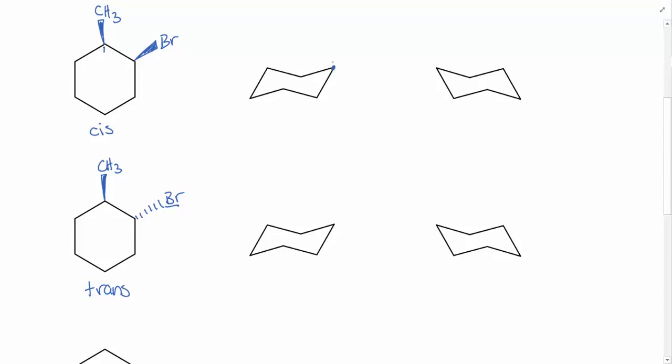The two possible orientations of substituents on this ring are straight up in the axial position or down in the equatorial position. I'm going to call this up here the top of the ring. And so if I want the CH3 coming towards me, towards the top of the ring, I need to put the CH3 up in this axial position. The other substituent off of this carbon is the hydrogen.